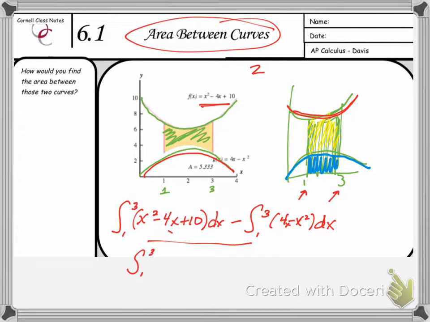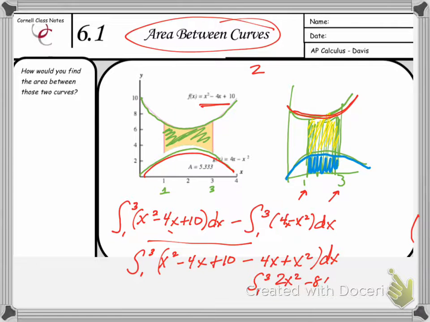From 1 to 3, we would have x squared minus 4x plus 10 minus 4x plus x squared, okay, dx, and that's going to simplify from 1 to 3 of 2x squared minus 8x plus 10, okay, dx.